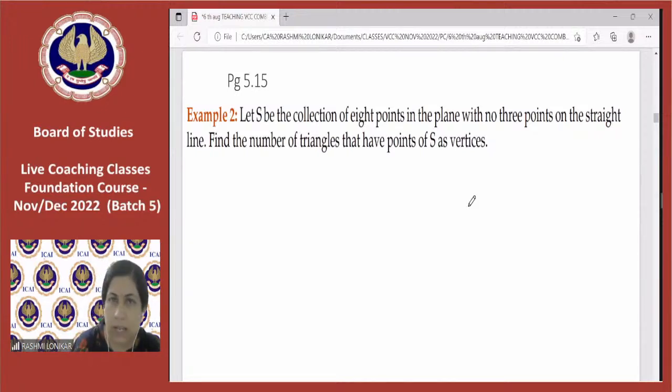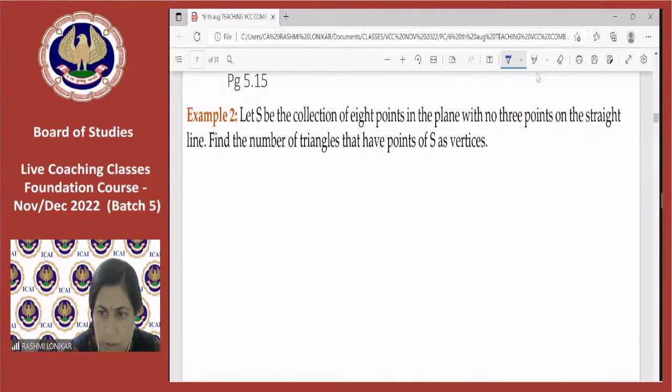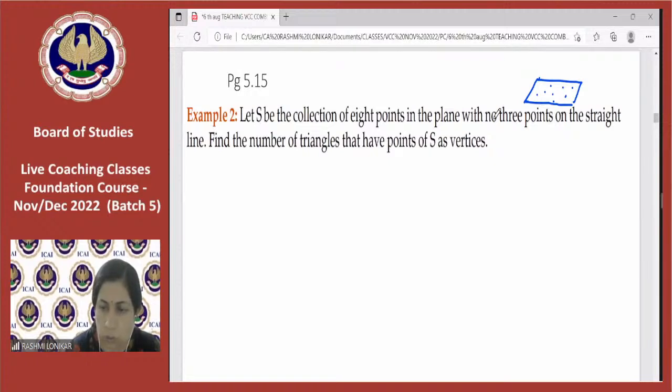So I have a plane and I have 8 points on it, with no 3 points on a straight line, and I want to make triangles with these.